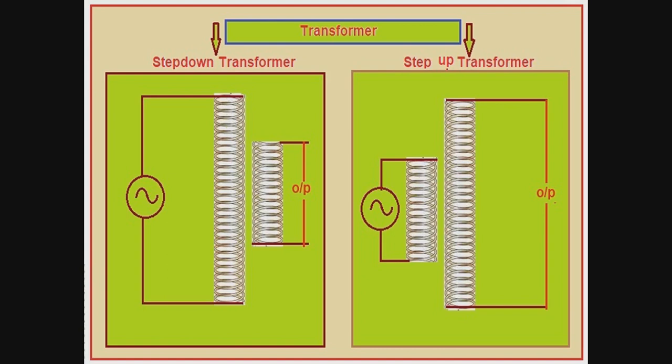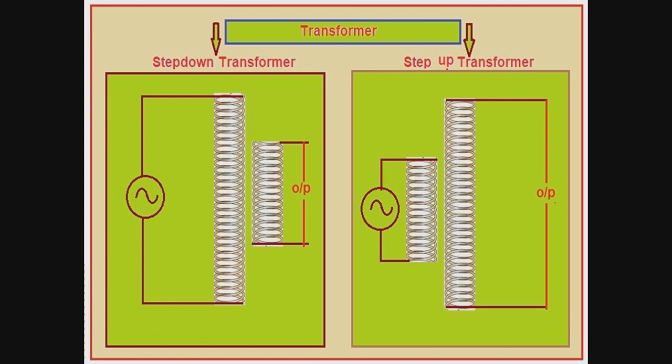Now we will see about transformers. There are many types of transformers, but in this tutorial we will see only two types. First is the step down transformer and second is the step up transformer. What is a step down transformer?